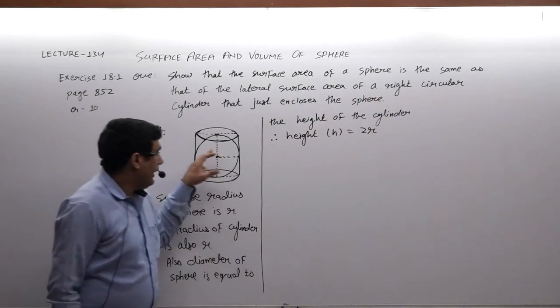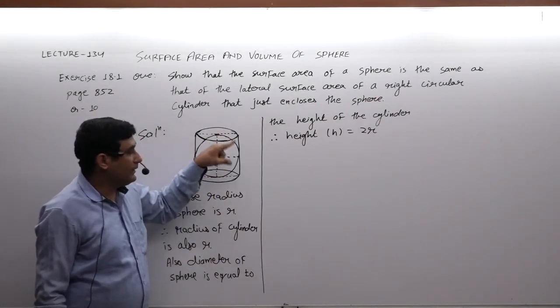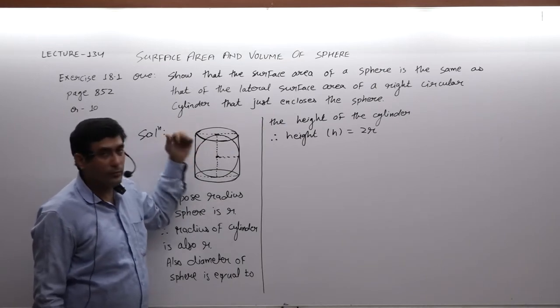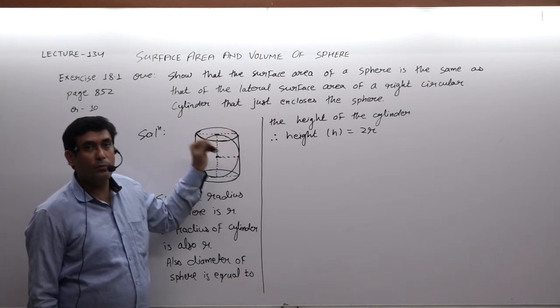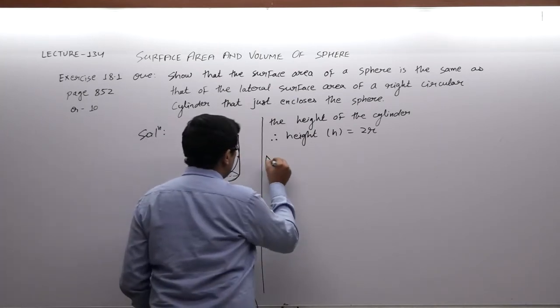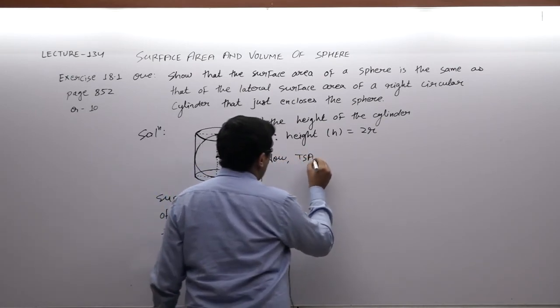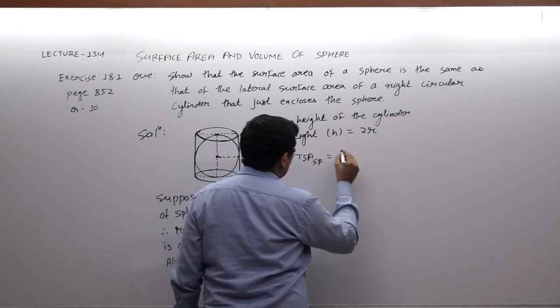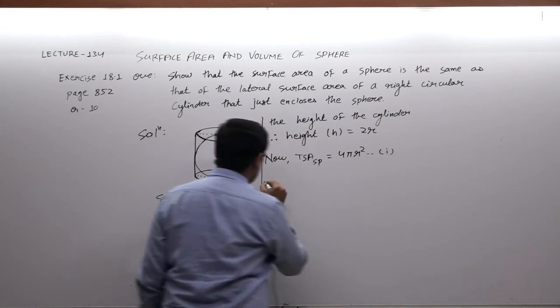Okay, so we have radius of the sphere, so we can find its surface area. We have radius and height of the cylinder, so we can find its LSA. And now we have to show LSA of cylinder is equal to surface area of sphere. So now TSA of sphere is equal to 4 pi r square. Let it be equation number 1.